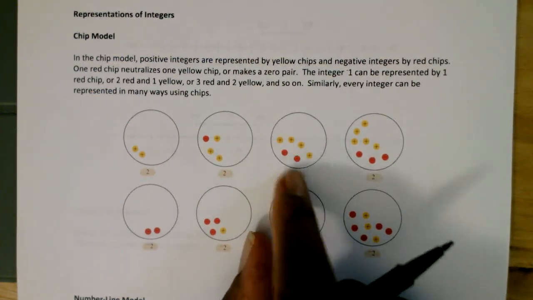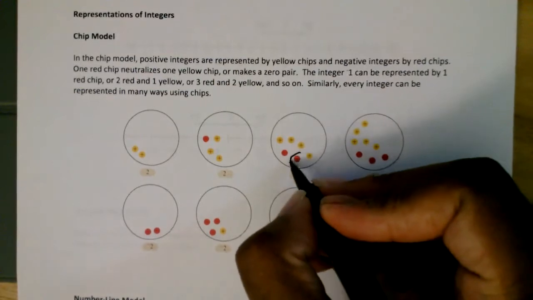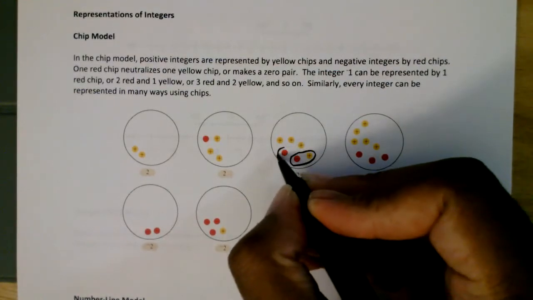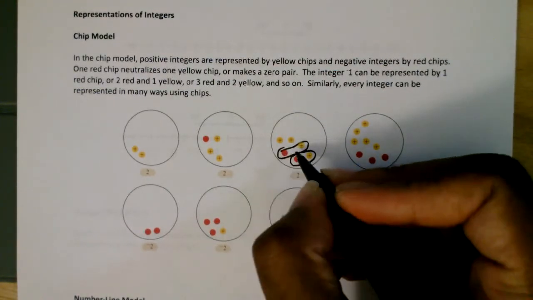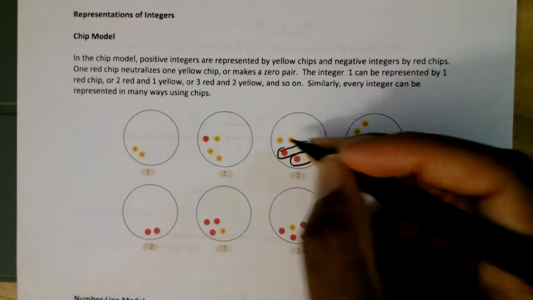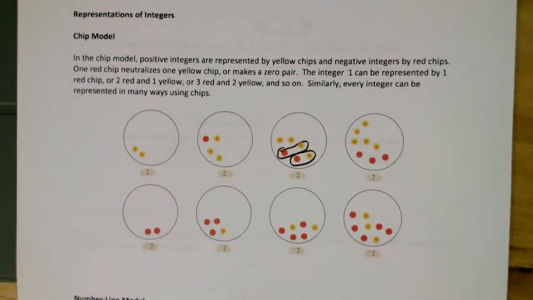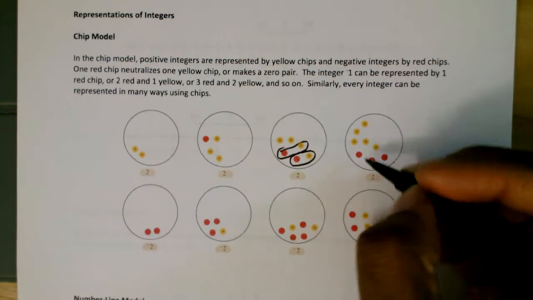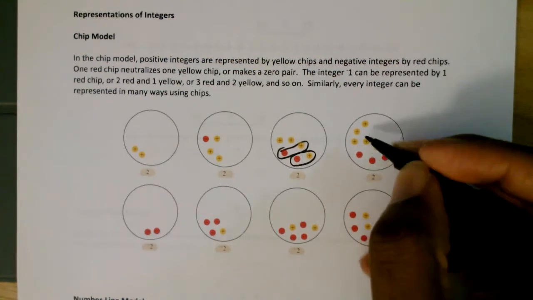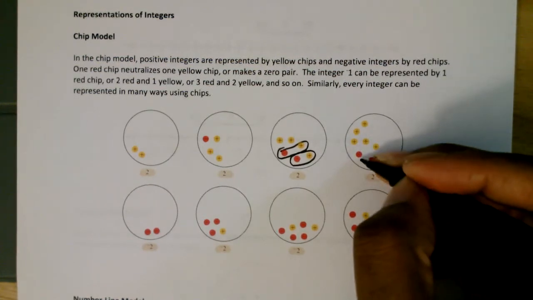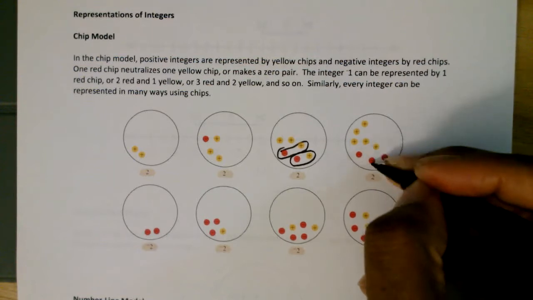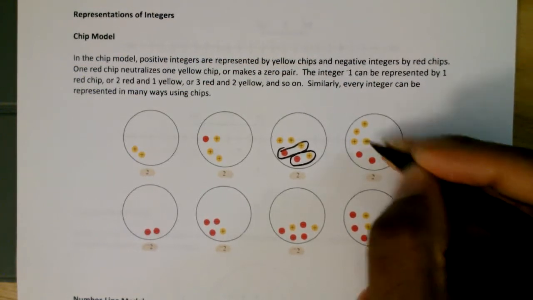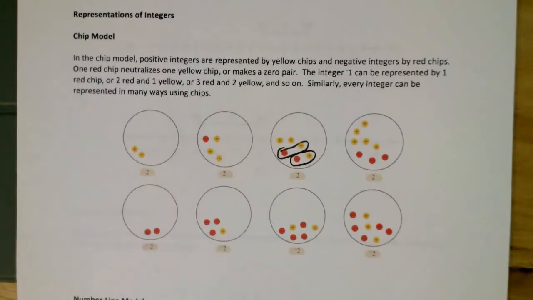Here we can create zero pairs by pairing a red and a yellow and another red and a yellow. That forms zero pairs, and you'll be left with two yellow chips. Same thing here. You can make a zero pair with one red and one yellow, another red and one yellow, and another red and one yellow. You'll be left with two.